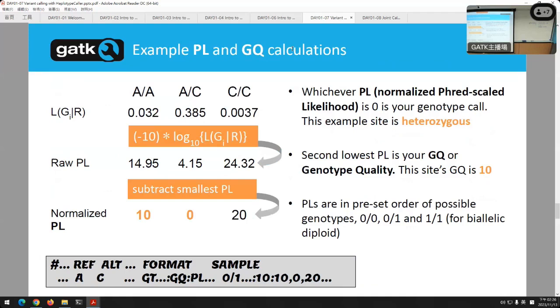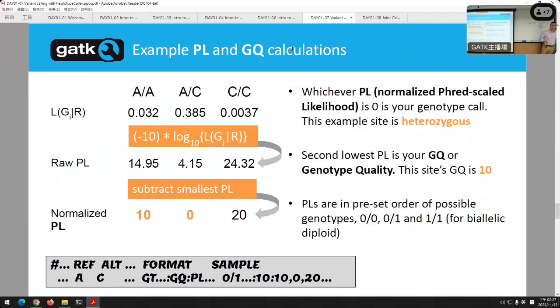That means the more likely possibility for the sample is AC, because it's the 0. The 0 is good. The lower, the better. The difference between that one and the next best one is 10 on the left, the AA. So we say that our genotype quality, our genotype confidence, is 10, Q10. The difference between the most likely and the second most likely is 10. If it was 100, we'd say we have a Q100 confidence because they're so far apart mathematically.